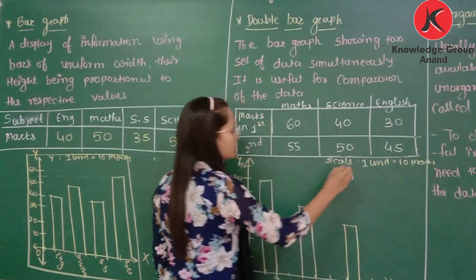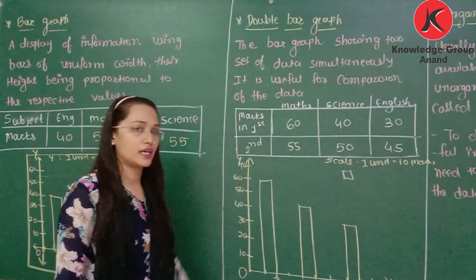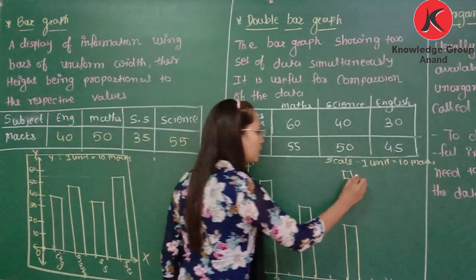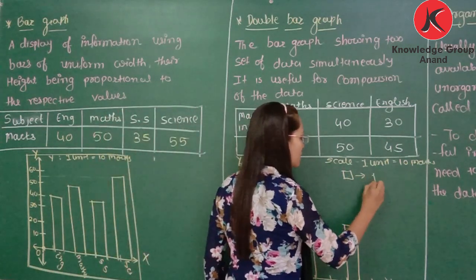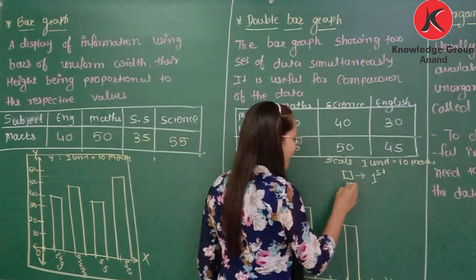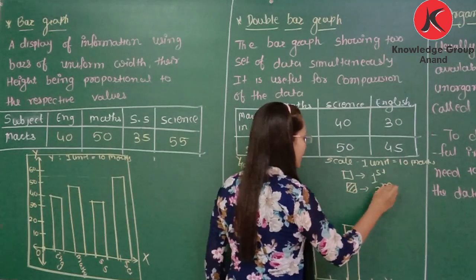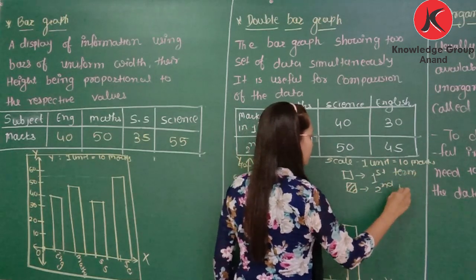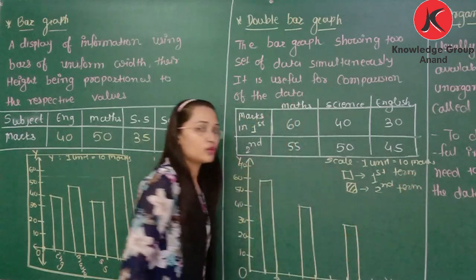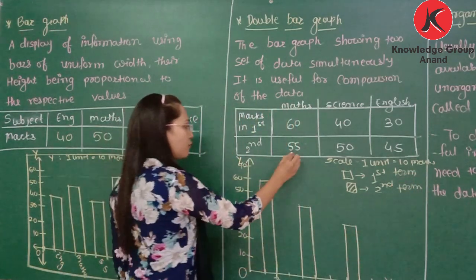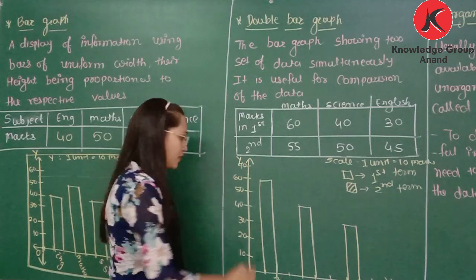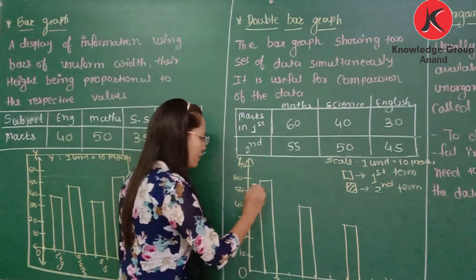Now we need to differentiate the two bars of first term and second term. So let's consider this simple graph. The plain bar represents first term marks and the bar with the dash line represents second term. Okay. So here for second term we need to represent 55, so it will be between 60 and 50.